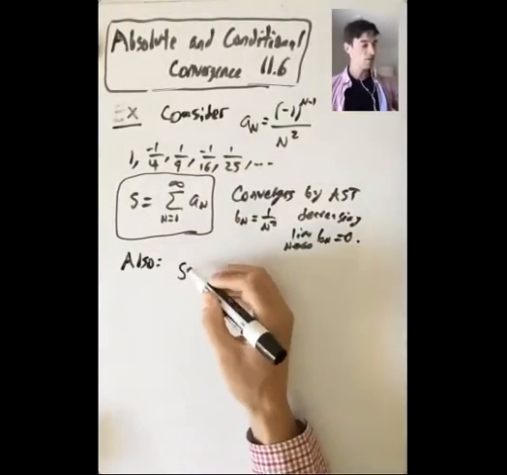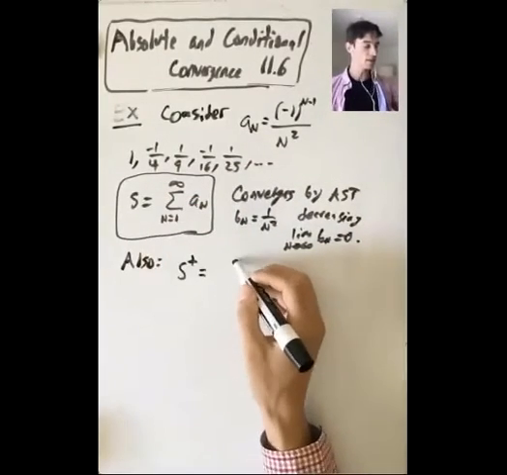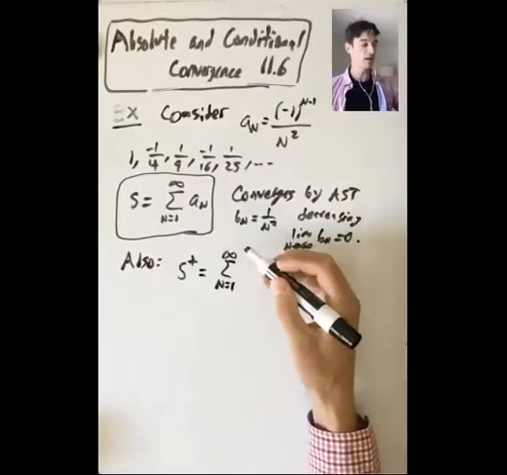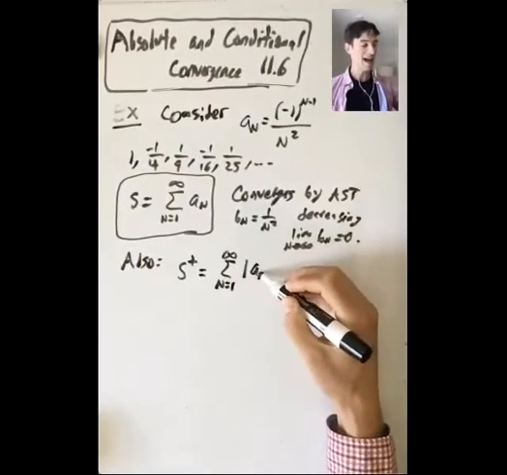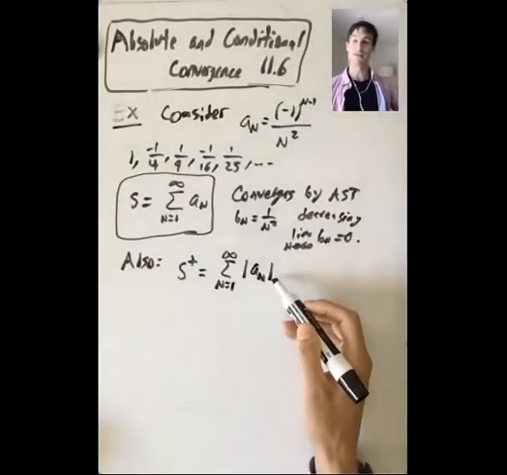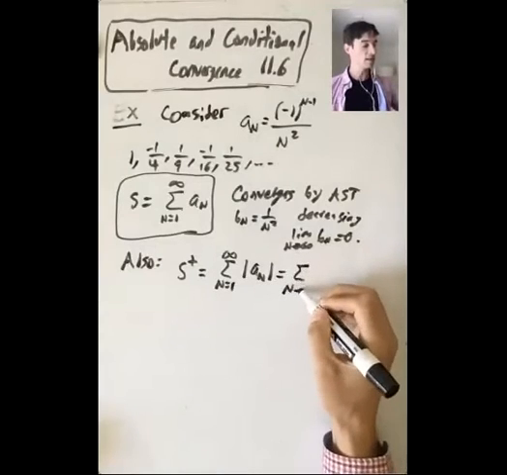If we define a related series, S plus, where the only difference is that instead of taking the sum from n equals 1 to infinity of a_n, we put in absolute values. We take the sum from n equals 1 to infinity of the absolute value of a_n. Then what is this series?